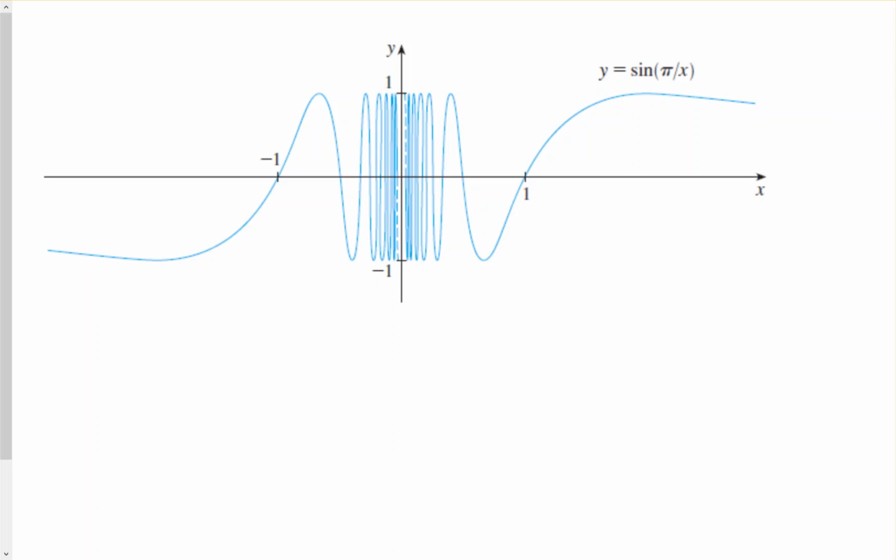Okay, and when that happens, when you have oscillating behavior, you're not going to have a limit of a function. We often say when there's oscillating behavior, the limit does not exist.